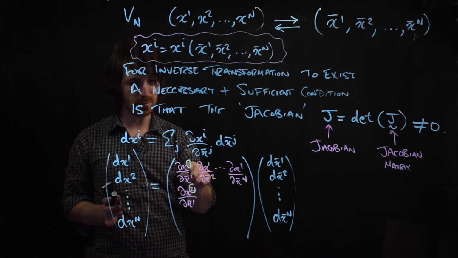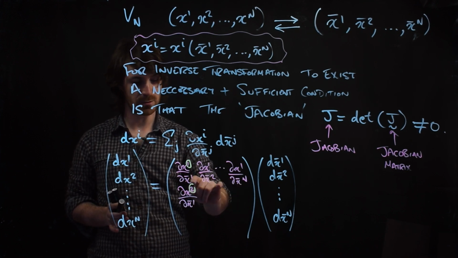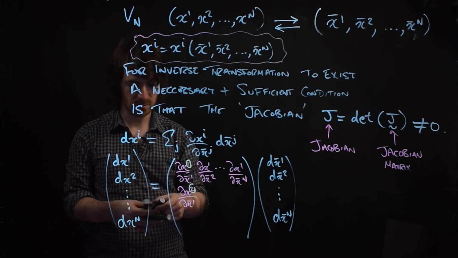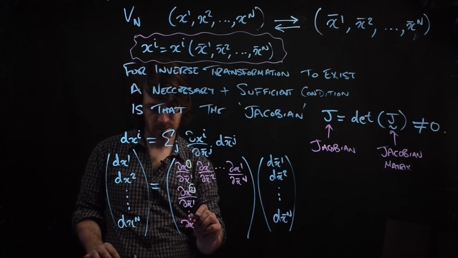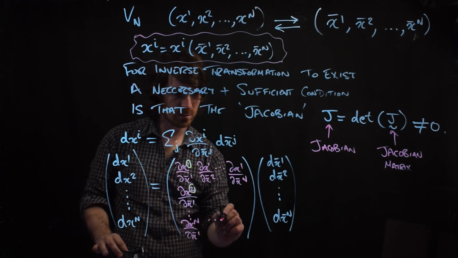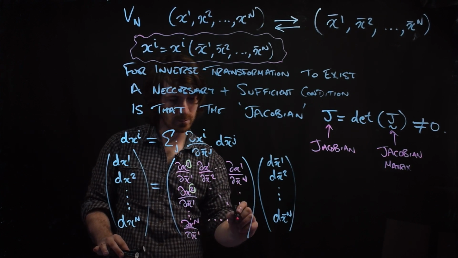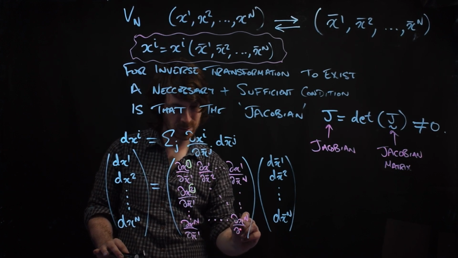And as we go across the columns, we're changing the index, so the superscript on the barred coordinate. Okay, so we can fill this in, and we have dxn by dx bar 1 to dxn by dx bar n.